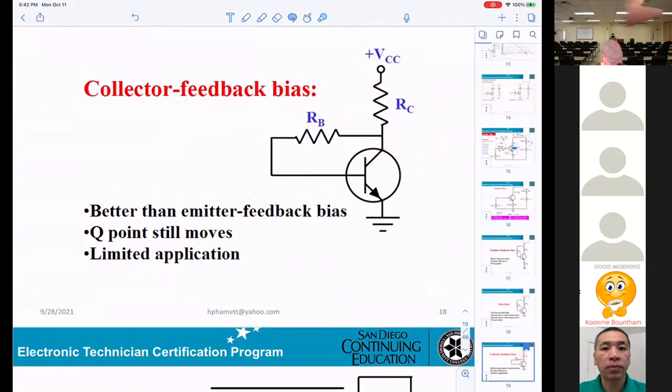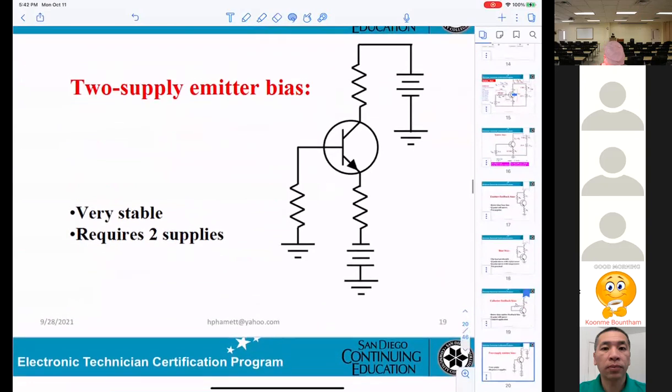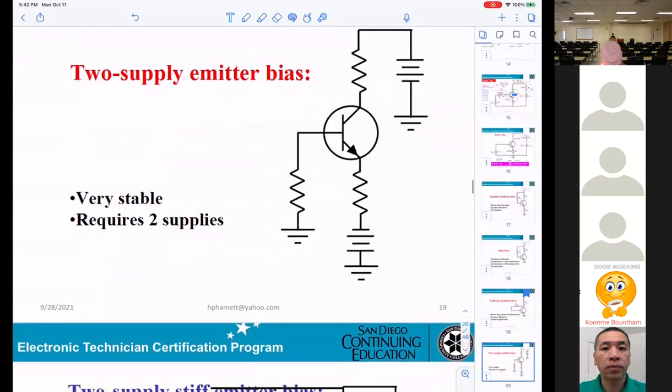You can see it says limited application. That means normally when you're working on circuitry, you do not see this kind of circuit. Two power supply bias, we don't want that either. Why? They need two power supplies, and designers try to avoid that.